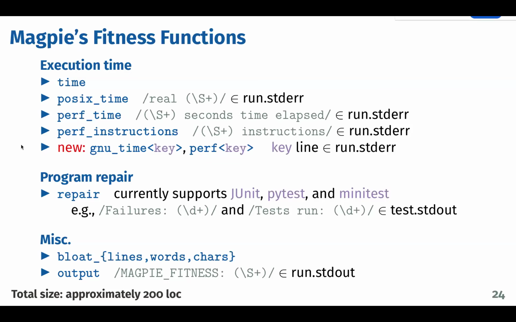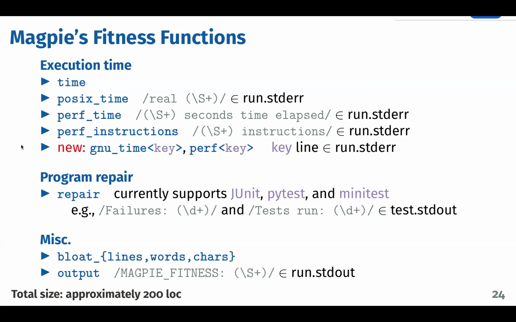So that's what I use in the example. It provides ways to use POSIX, perf, GNU time, with stuff that it will read on the standard output or standard error. For program repair, it will try to automatically read the output of GUnit, PyTest, Minitest to count the number of bugs, count the number of tests. I'm just finishing that.